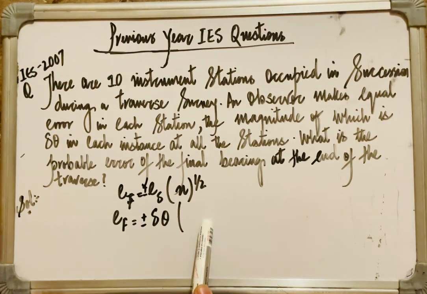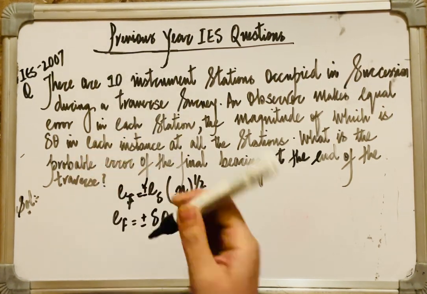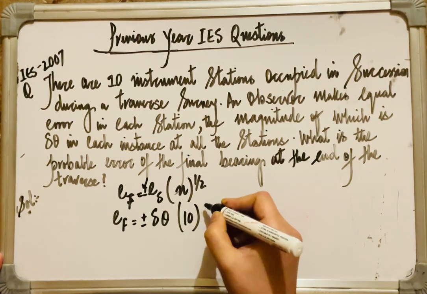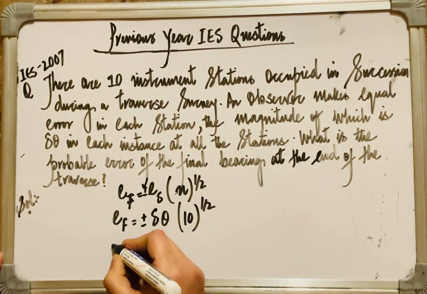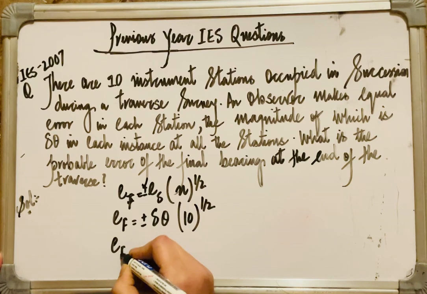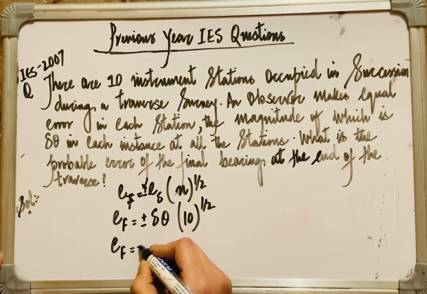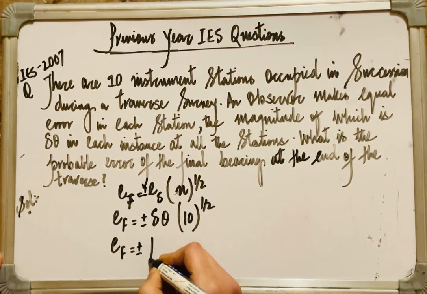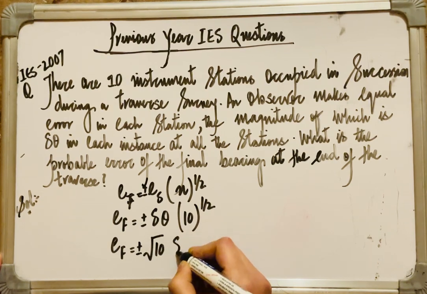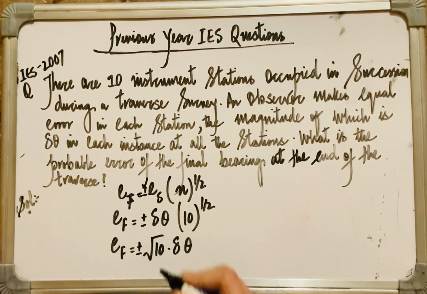How many observations, and how many instrument stations are there? There are 10 instrument stations. All right. So the probable error of the final bearing is equal to plus minus square root of 10 multiplied by delta theta.